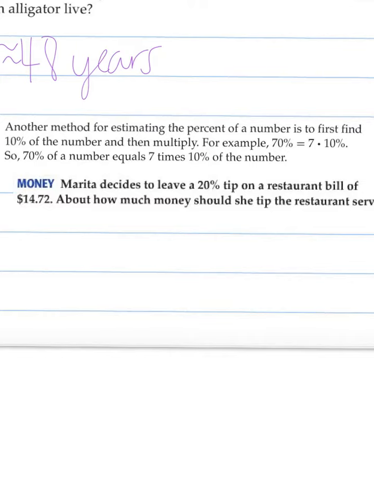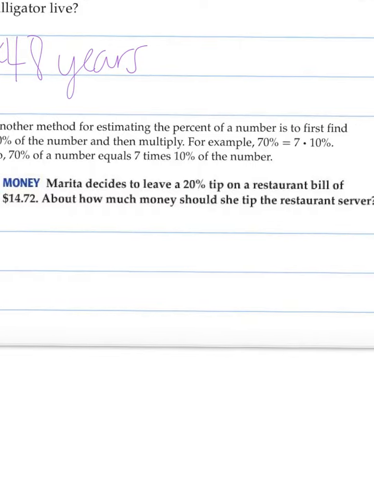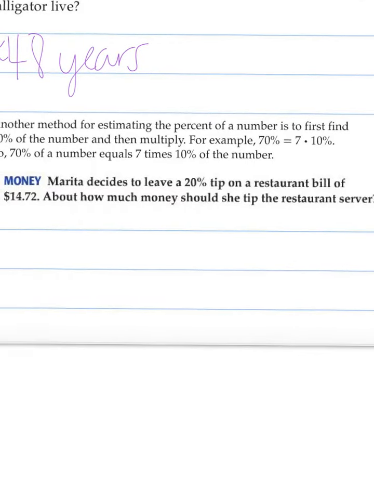Marita decides to leave a 20% tip on a restaurant bill of $14.72. About how much money should she tip the restaurant server? What we want to do is estimate what 20% would be. There's a couple ways we could do it.